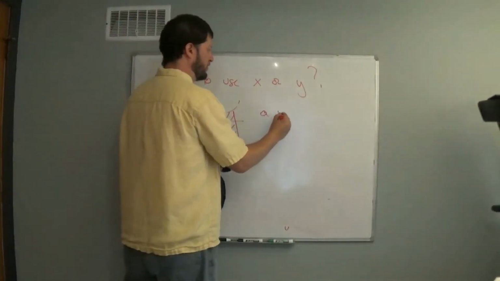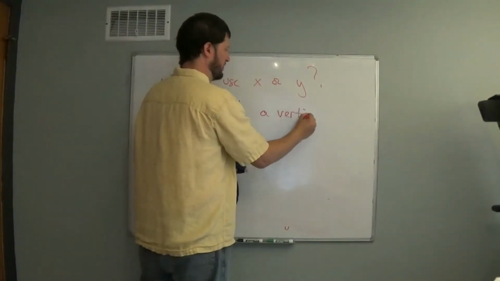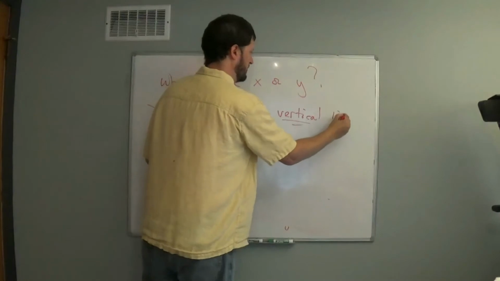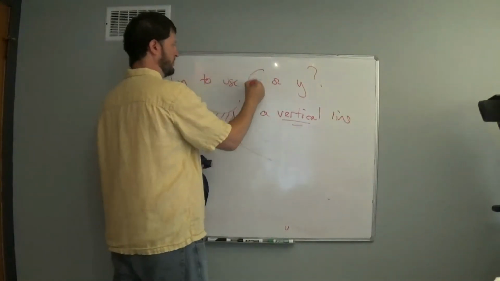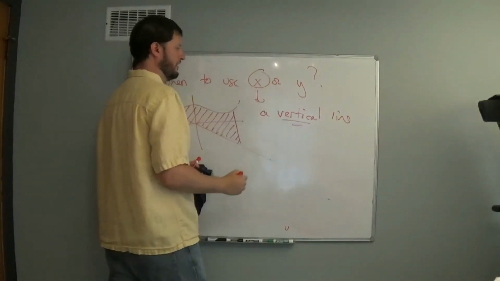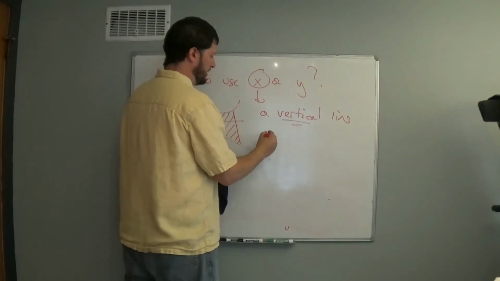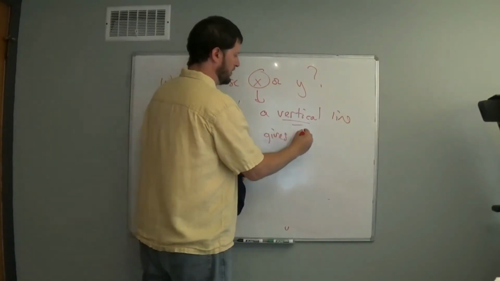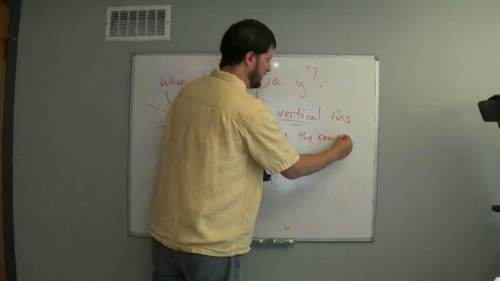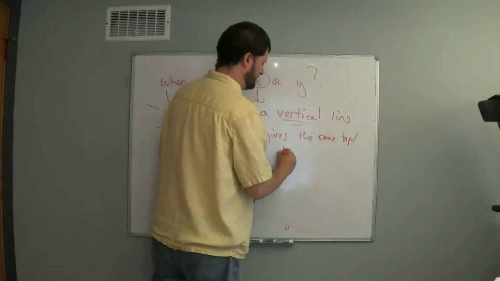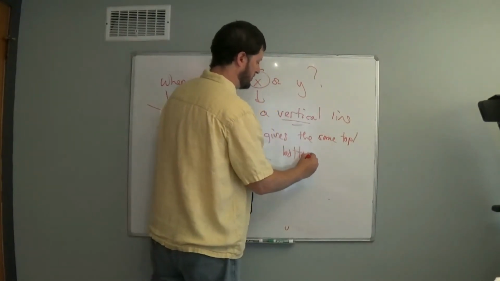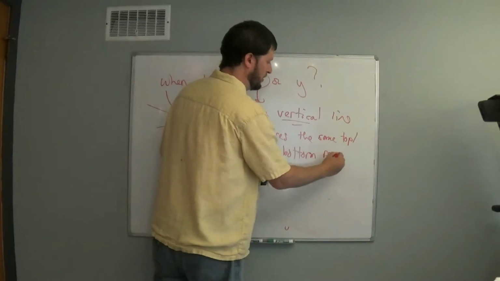Right? A vertical line, so we're going to use x if a vertical line gives the same top and bottom regardless of where we are.